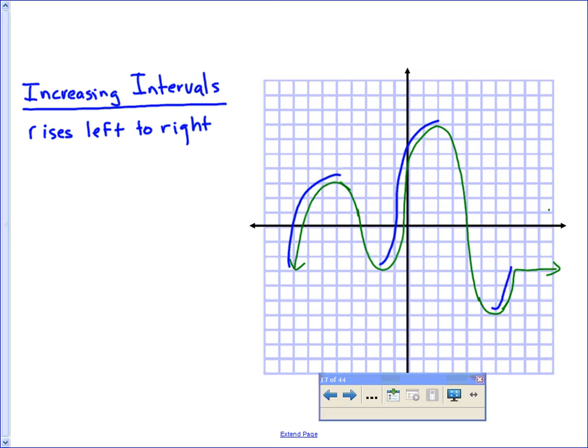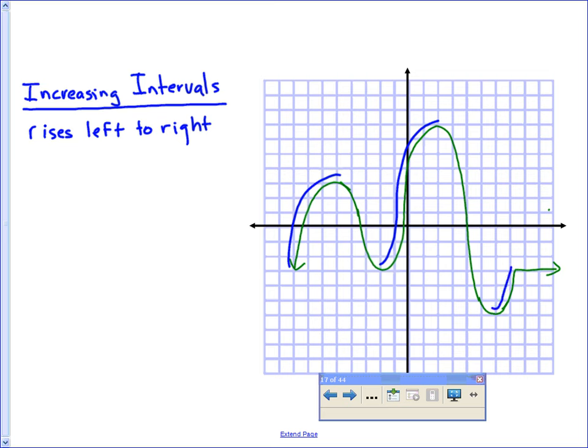Now let's talk about concave down. That is going to take place where I have it marked in red. That's going to be from here all the way to A, and then from B to C, and that's all we have.